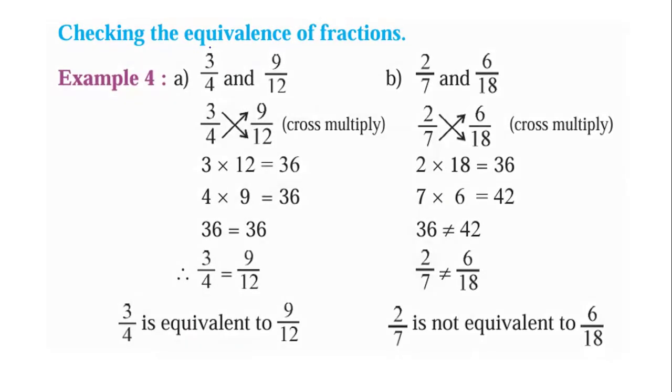Next, checking equivalent fractions. See, 3 by 4 and 9 by 12. By cross multiplying, we can check whether fractions are equivalent or not. For example, 3 by 4 and 9 by 12. Cross multiply. 3 into 12, 3 12s are 36. 4 into 9 is equal to 36.